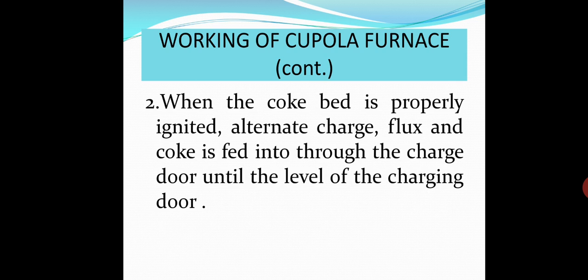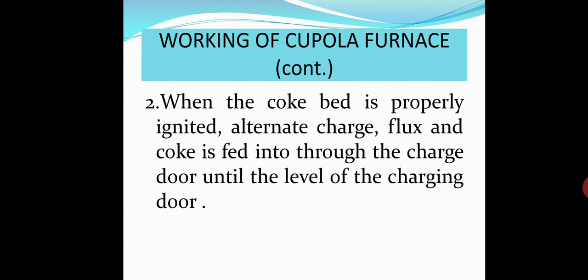So only coke was ignited. Now, to melt, the metal has to be fed. So alternate charge: the charge is pig iron or scrap iron, the material which is to be melted.